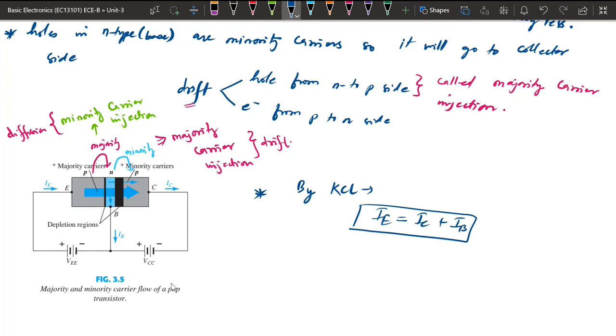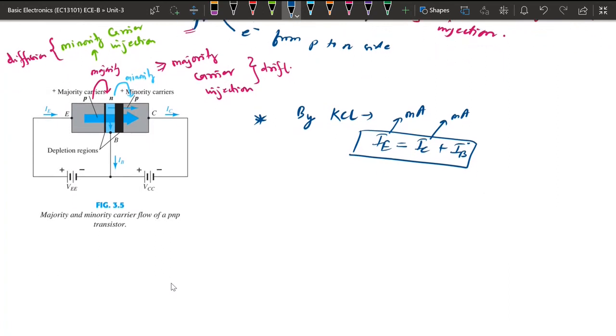Once we have obtained this, the emitter current will be in milliamperes, and the collector current is also in milliamperes, but IB will be very small, though still in milliamperes range, only much less.